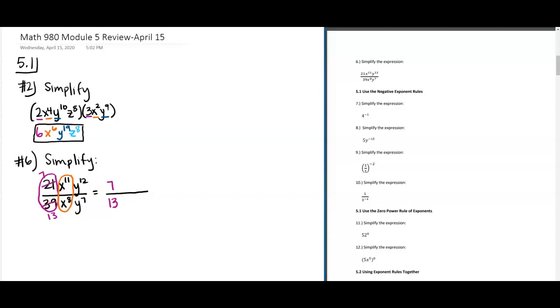There's more x's on the top, right? So I know the x's are going to remain up here. Well, how many more are there? If we subtract those, we see that there's 3 more. So x to the third is on the top.